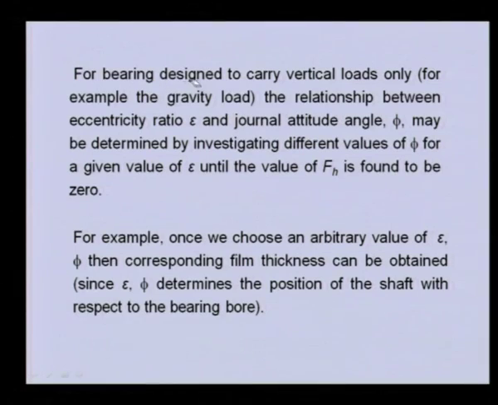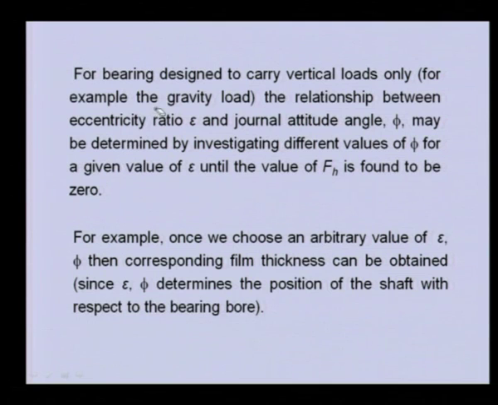For a bearing designed to carry vertical loads only, for example the gravity load, the relationship between the eccentricity ratio and the attitude angle phi may be determined by investigating different values of phi for a given value of epsilon until the value of Fh, the horizontal force, is found to be 0.